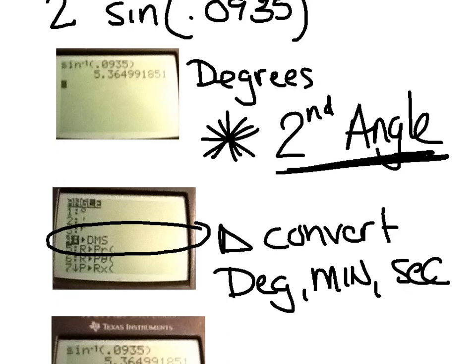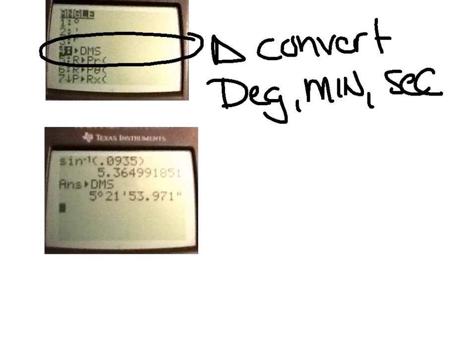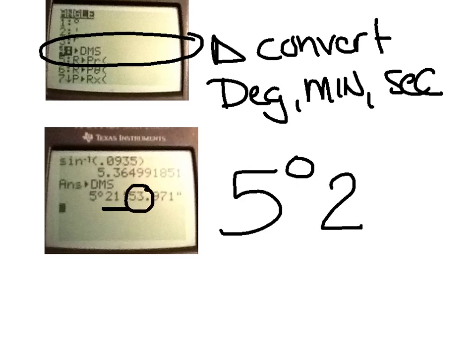If you hit enter on that twice, you should see the screen that looks like this. It basically says, I took your answer and converted it to degrees, minutes, and seconds. Now the question said to the nearest minute. So the minutes are there at 21. Remember, keep your degrees. I would say that's 5 degrees, and I'm only rounding the minutes. This is going to round me up to 22 minutes.